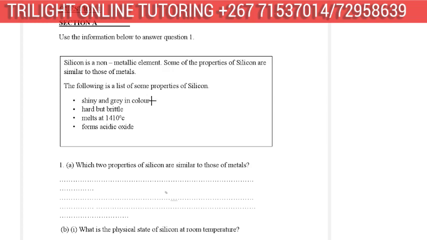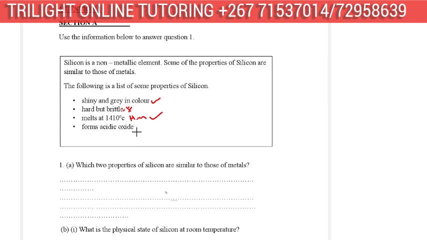Metals are shiny, most of them, the likes of aluminum. We have hard but brittle, so this means that it breaks easily, so this one is out, right? Metals don't break easily. Melts at 1410 degrees Celsius, that is a high melting point, which is good. Forms acidic oxide.